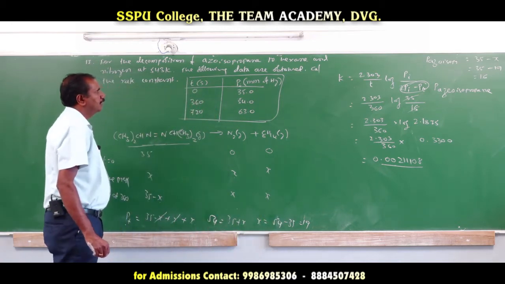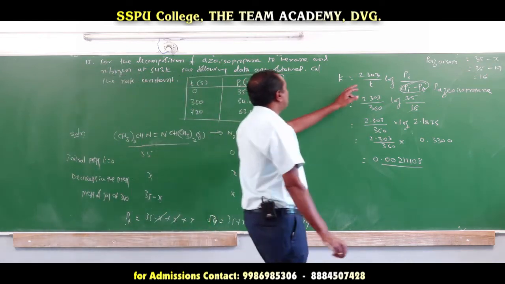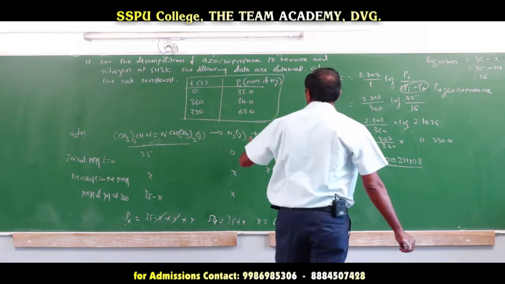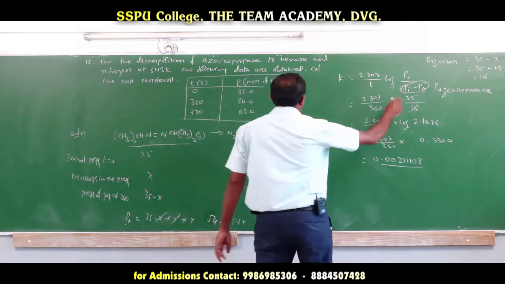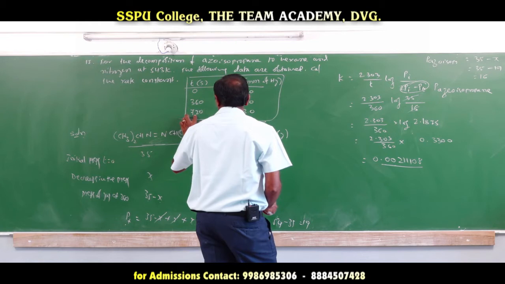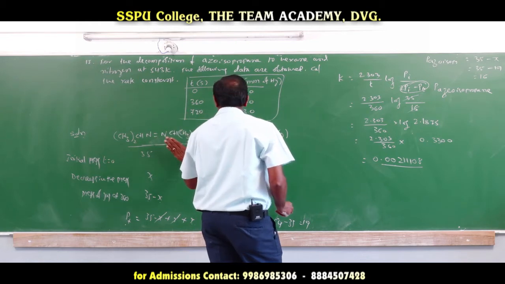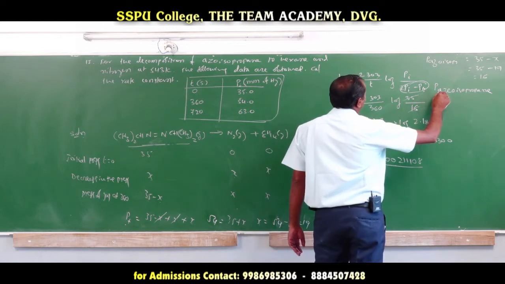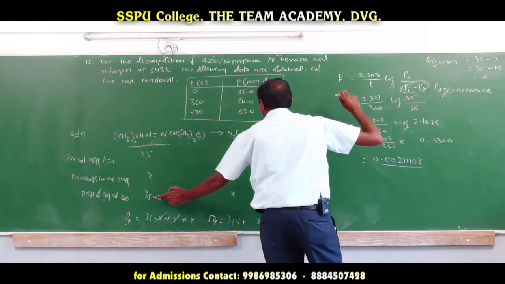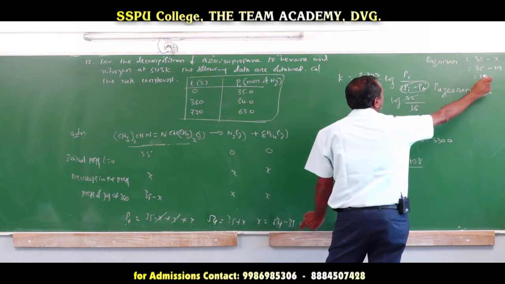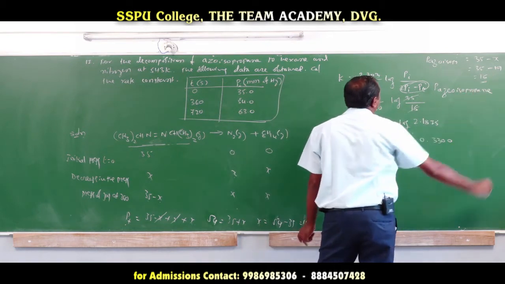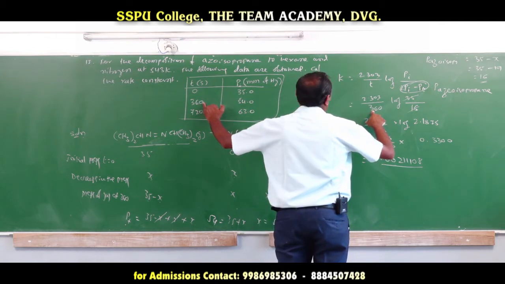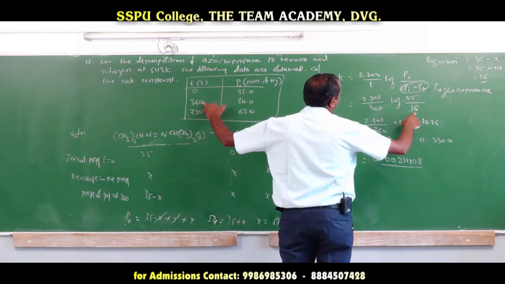So K can be calculated by using the formula 2.303 by T into log of Pi, where Pi is the initial pressure divided by the partial pressure of this gas. The partial pressure of azoisopropane is 35 minus X, the value of X we know is 19, so finally we get 16. 2.303 by T, when time is 360, log of 35 divided by 16.